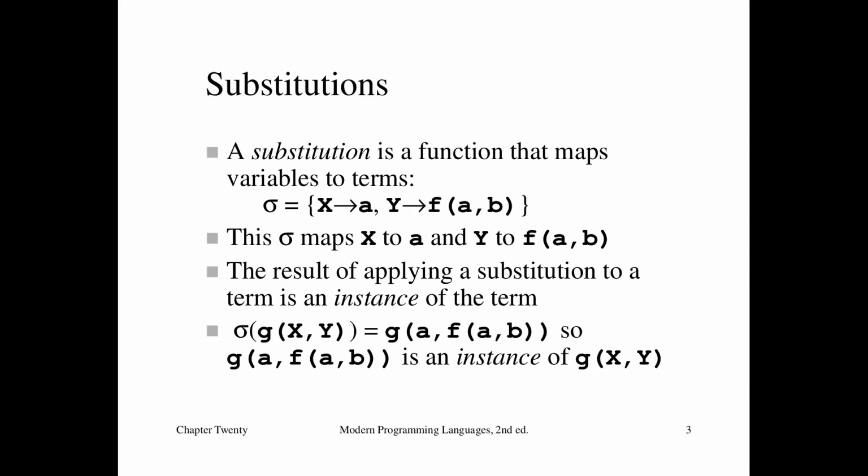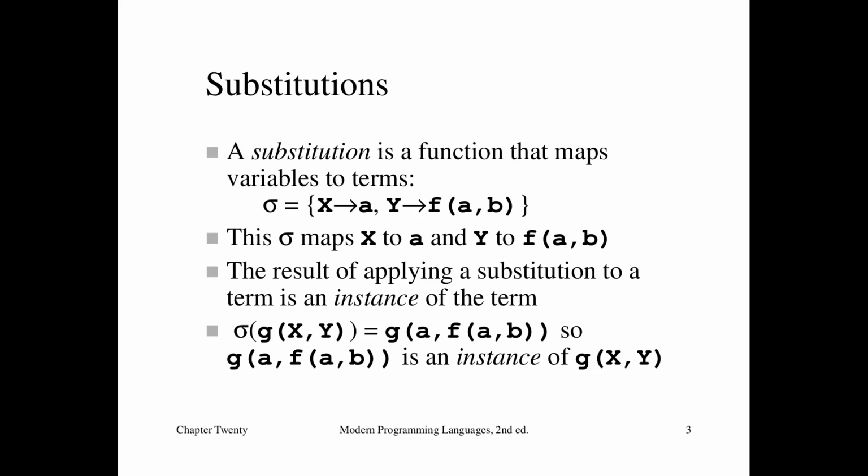The result of applying a substitution to a term is what we will call an instance of that term. So if we apply that substitution to g of x y, we get g of a and f of a b. We can say that that is an instance of the original term with variables in it.